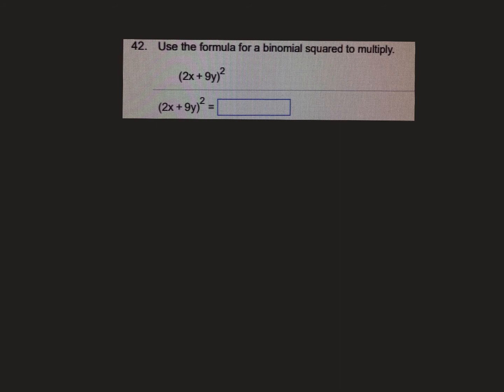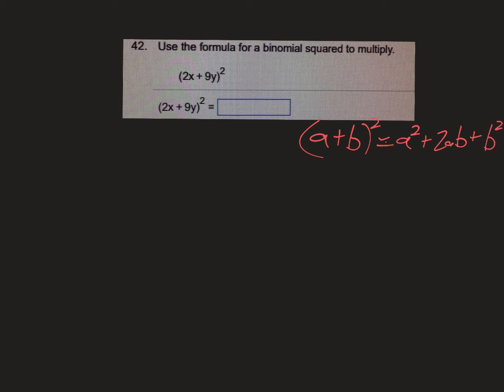Okay, now what about using the binomial formula in order to square rather than using FOIL? So once again, remember the binomial formula, how does it go? Well, if you have something like this, a plus b squared, it equals a squared plus 2ab plus b squared.